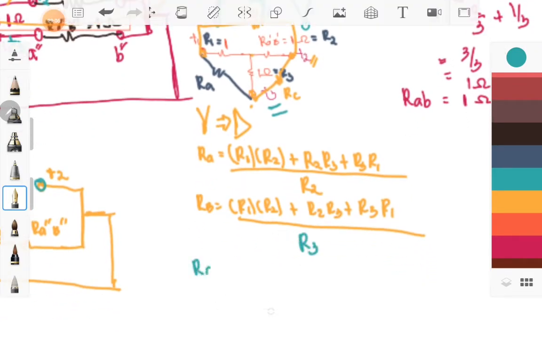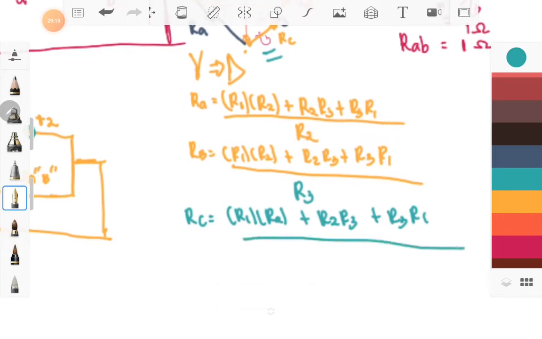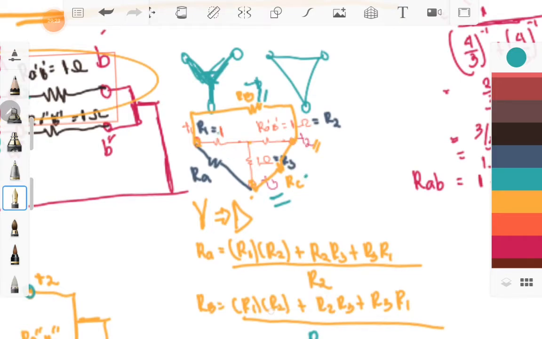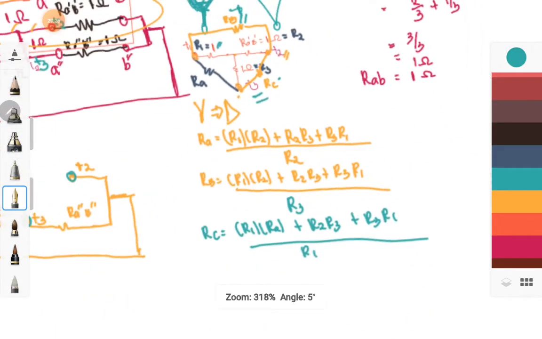And then for your RC, we have R1 R2 plus R2 R3 plus R3 R1 divided by, of course, R1, right? Why? Look, our RC is opposite R1.